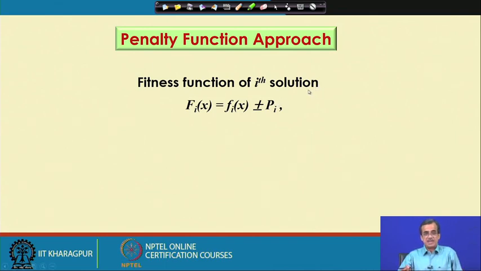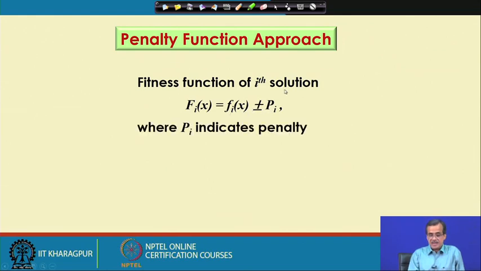I am just going to concentrate on the ith solution or the ith GA string. Corresponding to the ith solution, the fitness value is say f_i(x) and the penalty is p_i, and here I am putting plus minus, the reason I will tell you. The modified fitness is capital F_i(x), which is small f_i(x) plus or minus p_i, where p_i indicates the penalty.